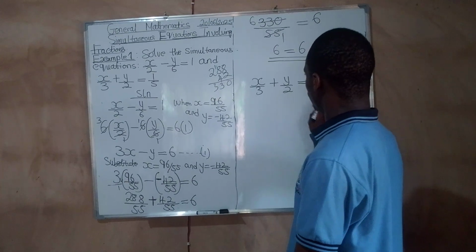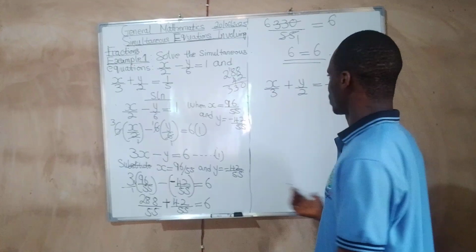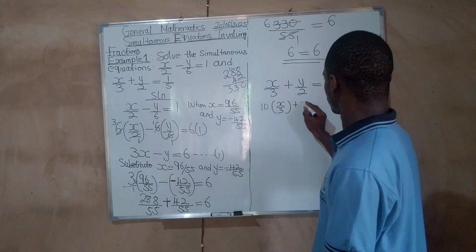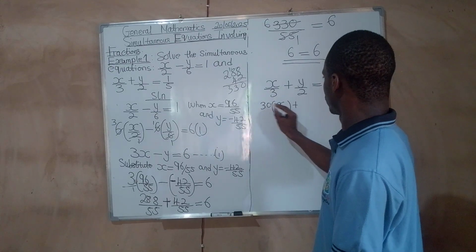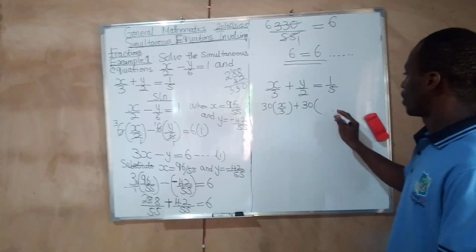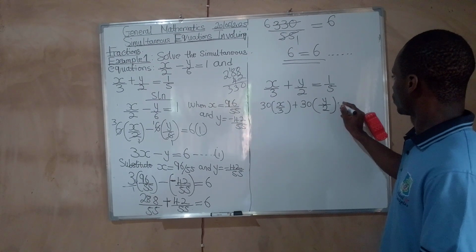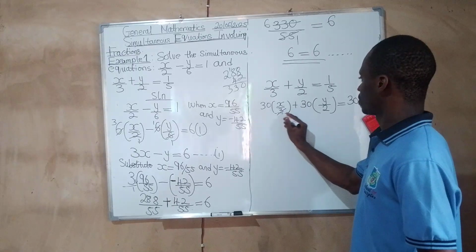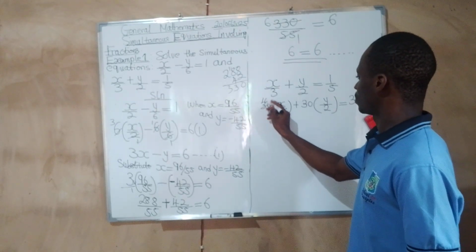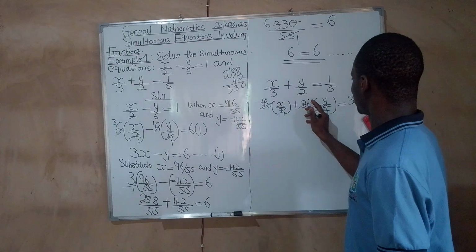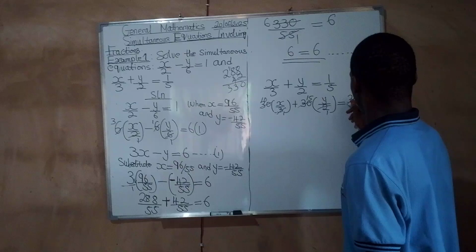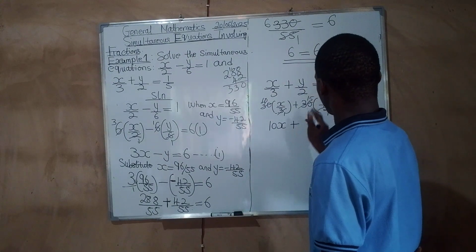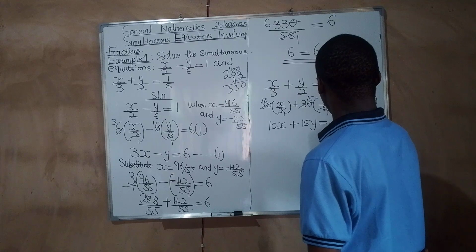The LCM of 3, 2 and 5 is 30. So 30 bracket x over 3 plus 30 bracket y over 2 is equal to 30 bracket 1 over 5. 3 in 30 is 10, 2 in 30 is 15, 5 in 30 is 6. So 10x plus 15y equals 6 times 1, 6.